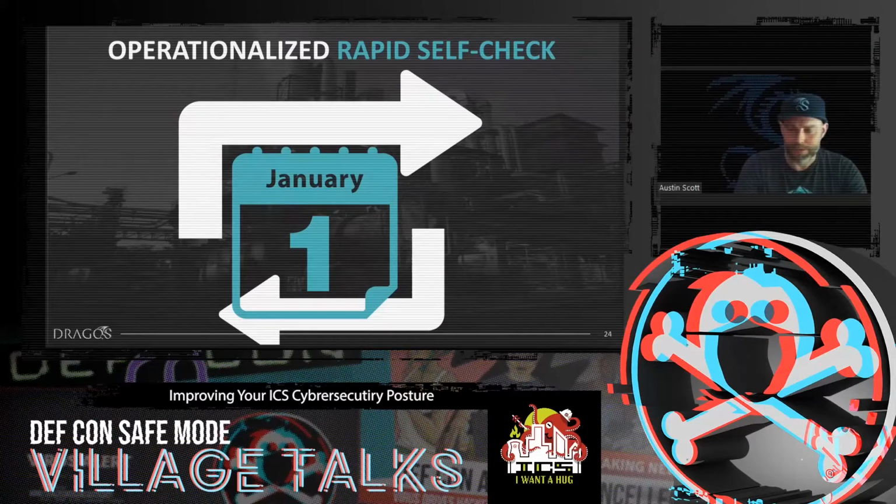And it can be augmented once you get into this self-check and you're covering off a lot of the low-hanging fruit. That's when you can bring in a professional team to do an assessment, and then they'll get to really dig into the interesting stuff, the stuff that is uncommon and would require an adversary to dig a little deeper, do more research, and have to sweat a little to move through your network.